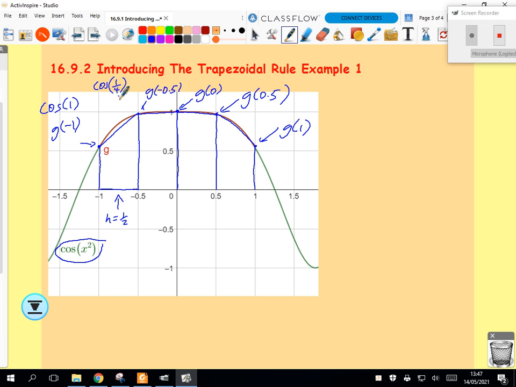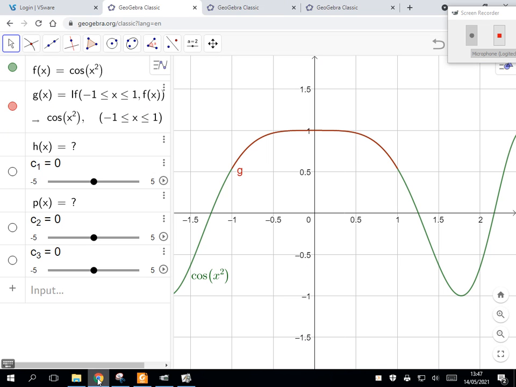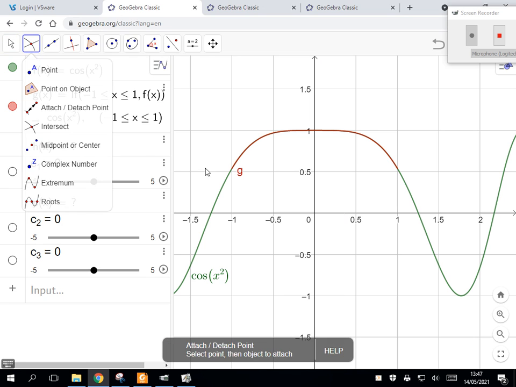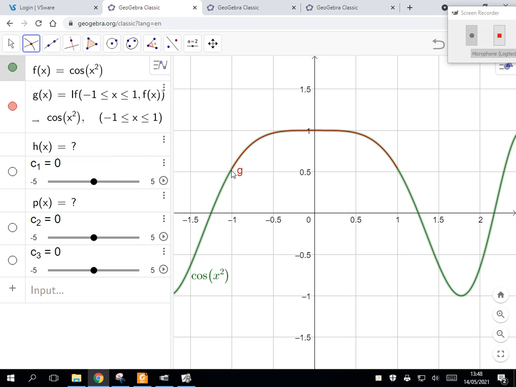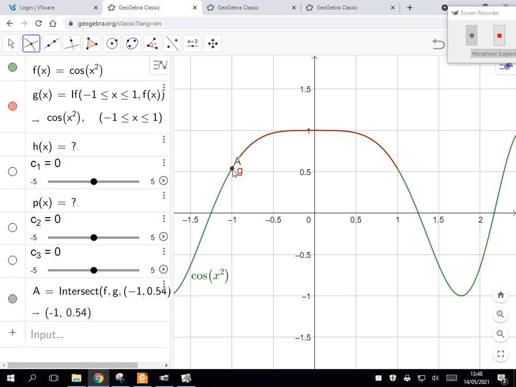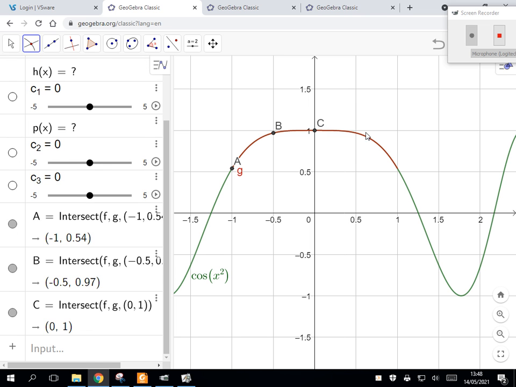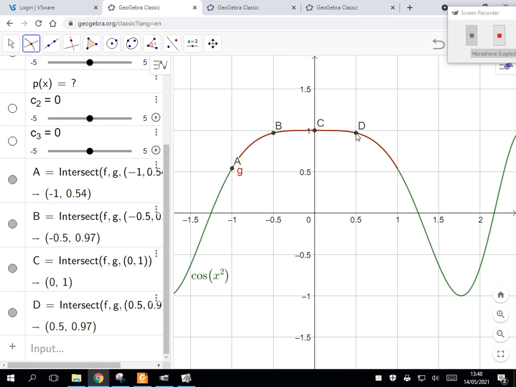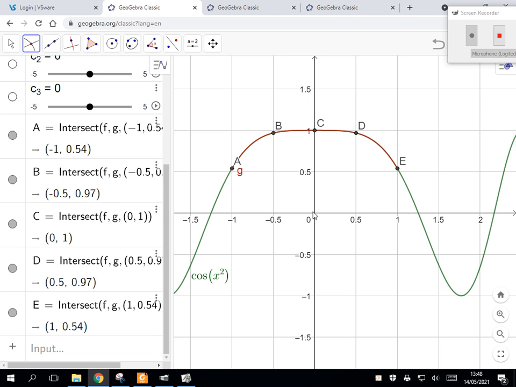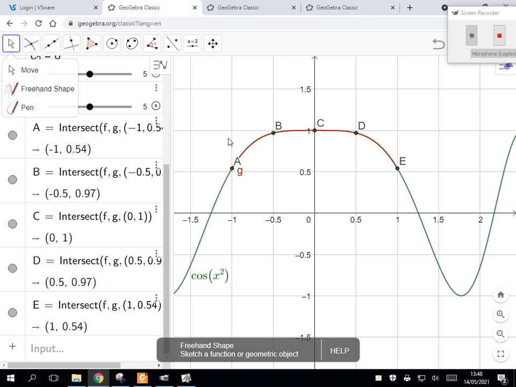And you can find those things in your calculator. Okay, I'm going to cheat a little bit by using the software here just to mark in some points. I'm going to just put in the values of those points.